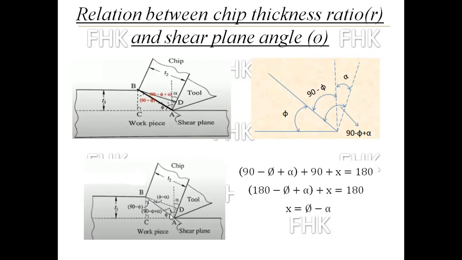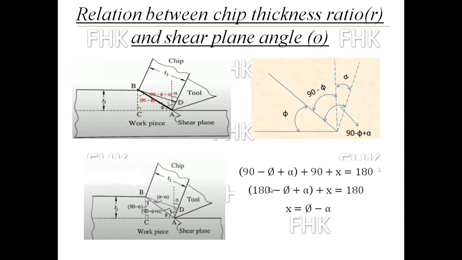The angle BAD is 90 minus phi plus alpha, and the second angle is 90 degrees. So 90 plus 90 minus phi plus alpha plus X is equal to 180.